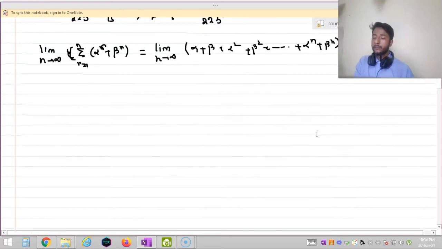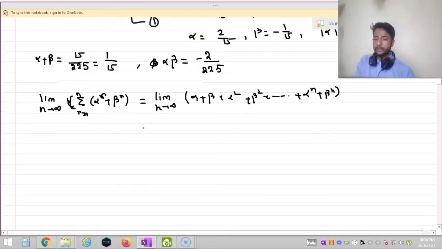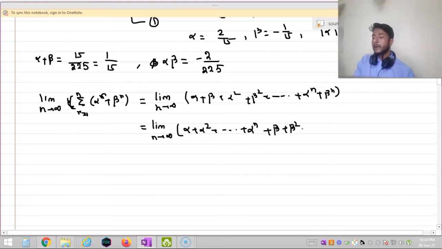I can write this as limit n tends to infinity of alpha plus alpha squared plus up to alpha to the power n, plus beta plus beta squared plus up to beta to the power n.